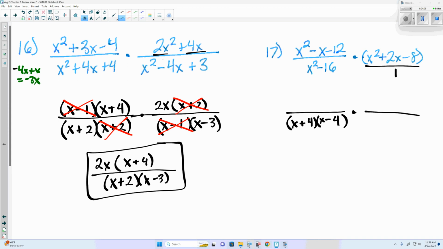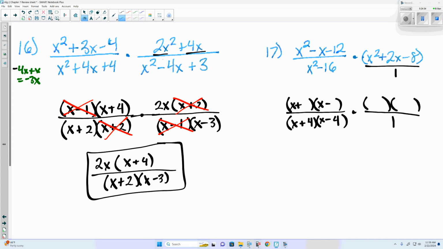So hopefully in the numerator we would have an x plus 4 or an x minus 4. The other denominator would be 1. I'll go on and factor x squared minus x minus 12. Since the 12 is negative, our signs are opposite. Factors of x squared are x and x.